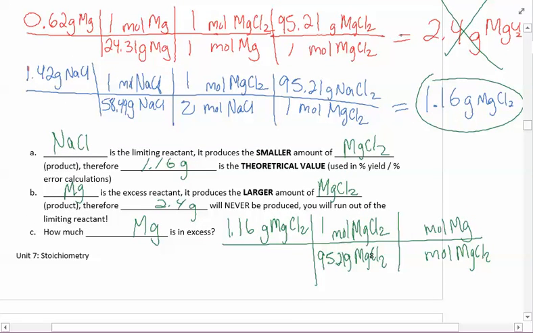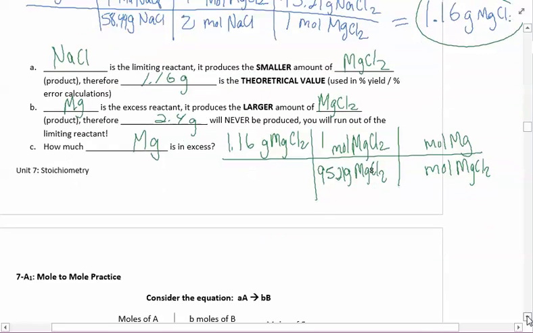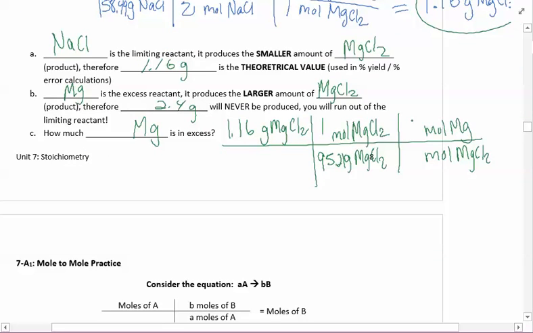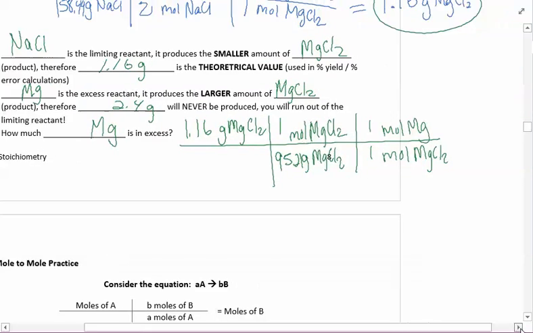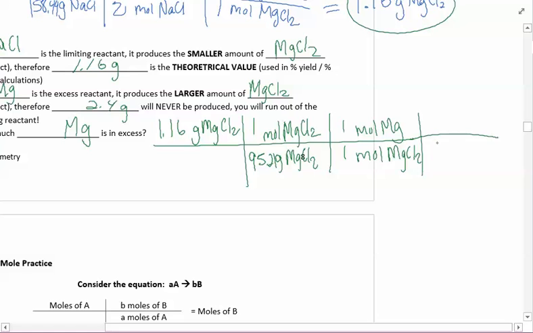If you look at it, it's this reaction going backwards because we're trying to figure out how much Mg is left over. So it is 1-to-1. And we need one more step to go: 1 mole of Mg is 24.35 grams of Mg. So what this number will tell us is how much magnesium was actually used.